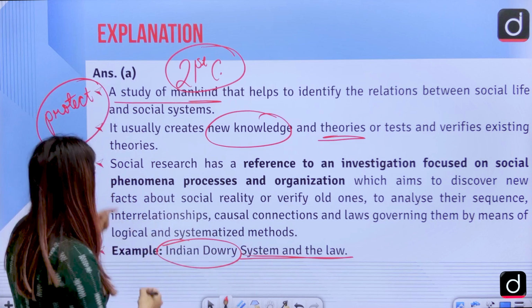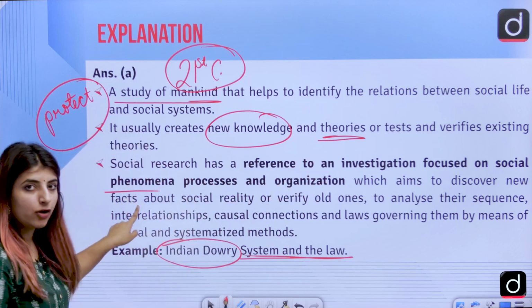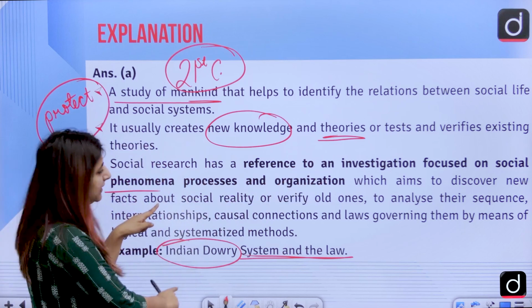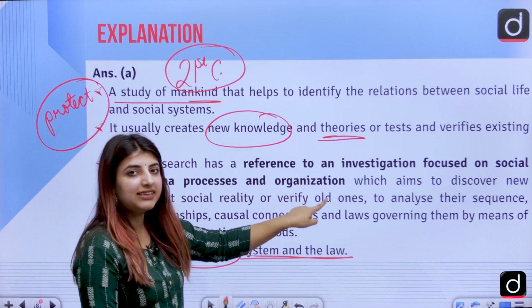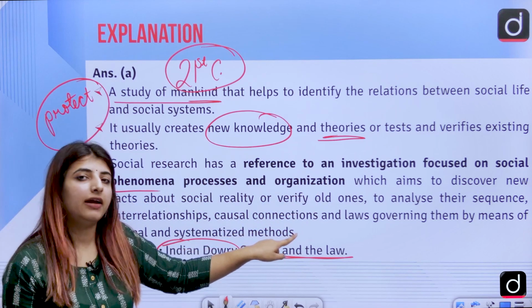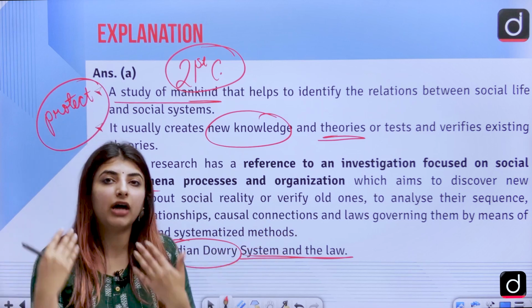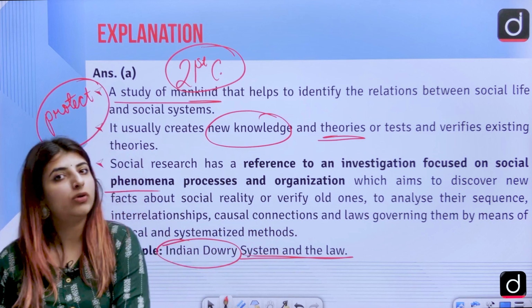Because the investigation is focused on social phenomena, which is the Indian dowry system, its processes and organization. Now, what would have been the organization? It could have been patriarchy as well, which established this very rule that women should be provided with dowry when they are getting married to a man.